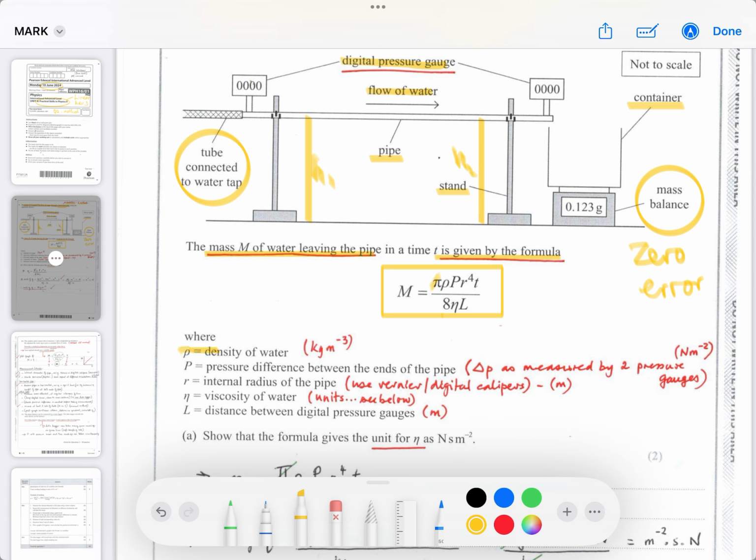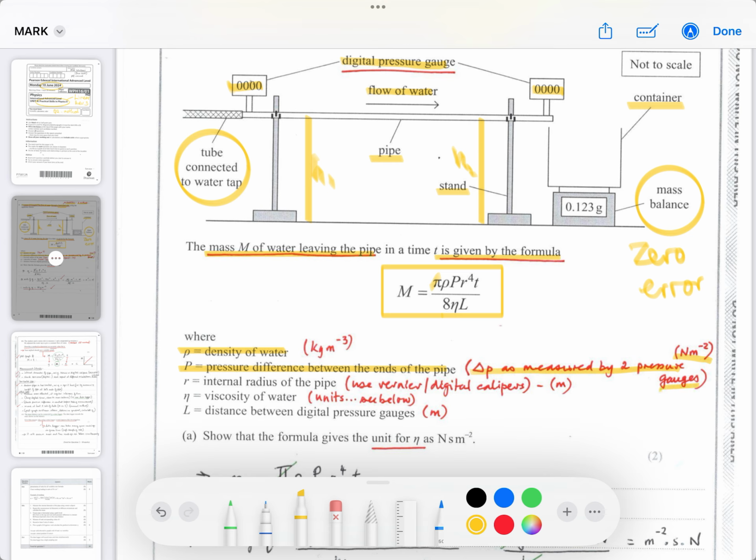Rho is the density of the water in kilograms per meter cubed. P is the pressure difference between the ends of the pipe. And you can see you've got digital pressure gauges on both ends. So the difference will be the difference between those 2 values. So delta P is measured by the 2 pressure gauges, and it will be in newtons per meter squared.